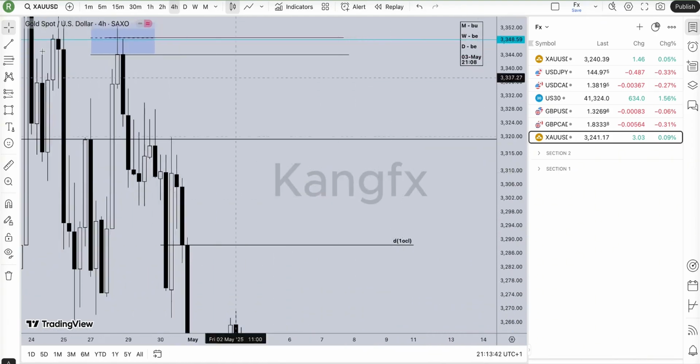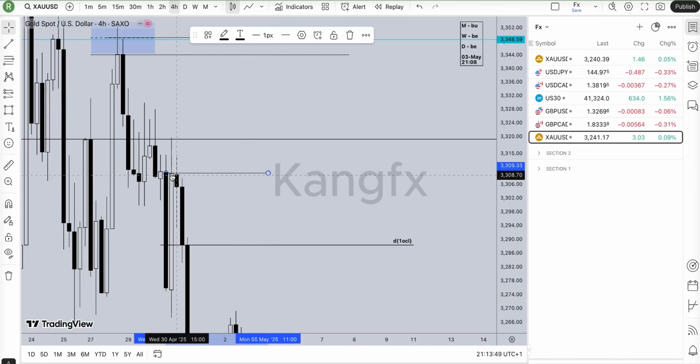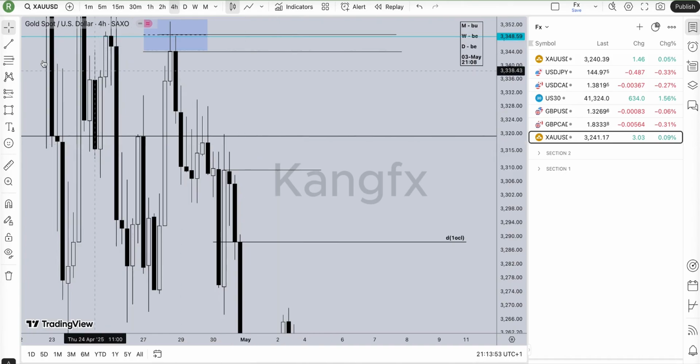You see that this is a resistance here, and this resistance is strong. Why is this resistance strong? Because this resistance rejected, remember, forward rejected, formed a resistance and broke out. So that resistance is strong.